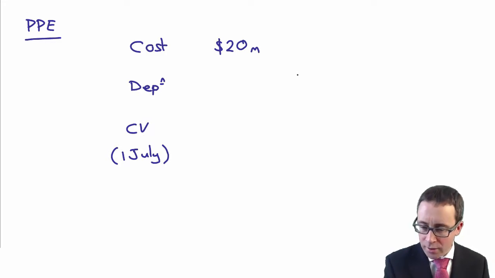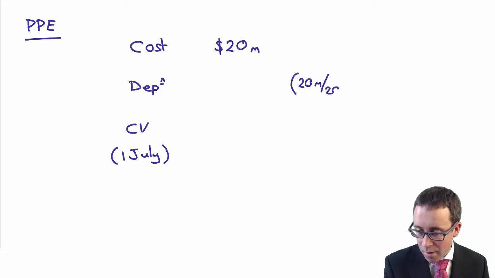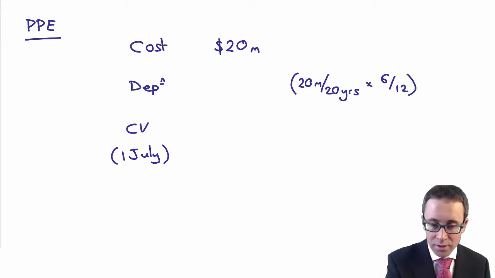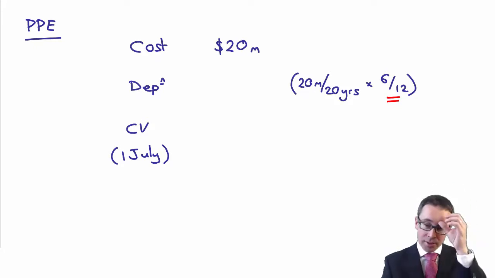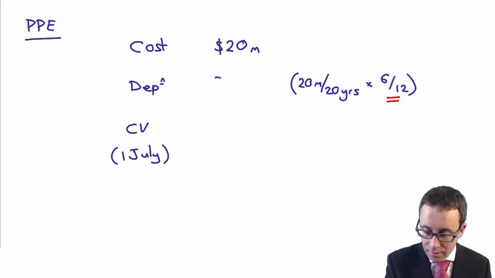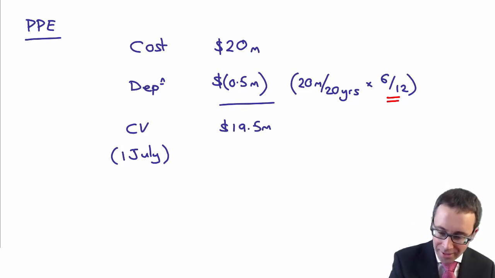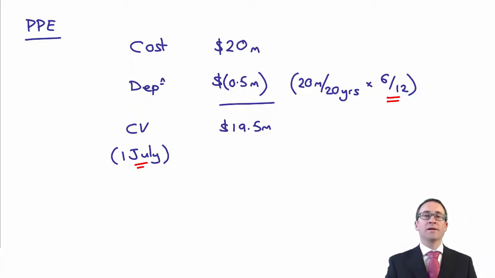The depreciation is where you need to be a bit careful, because it's the 20 million divided by 20 years. But be careful, 6/12, isn't it? It was there the 1st of July. It's halfway through the year, isn't it? So it's not 1 million. It's 0.5 million, isn't it? So my carrying value is 19.5 million at the 1st of July.